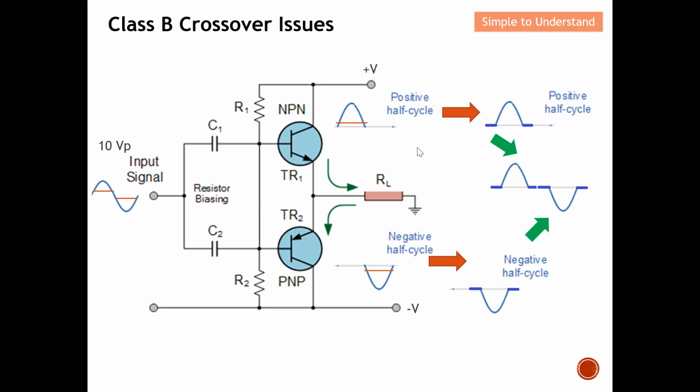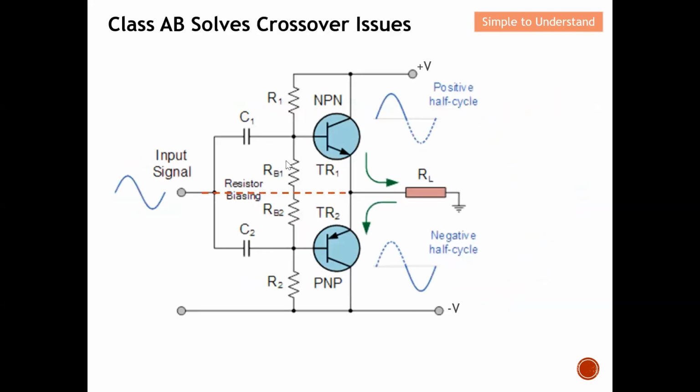The first method is to add a resistor. Once we add a resistor, we call this a class AB amplifier. So let's take a close look. How can we actually resolve the crossover? We need to do a proper design on the value of the resistor. Imagine this again.